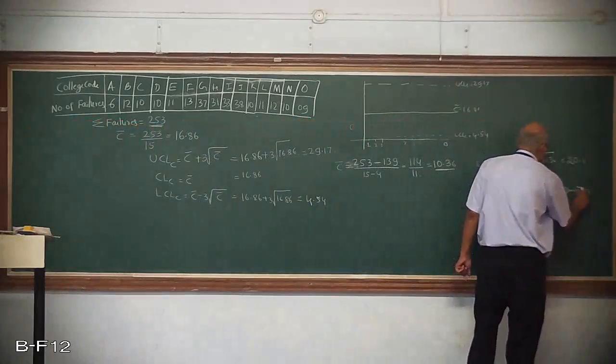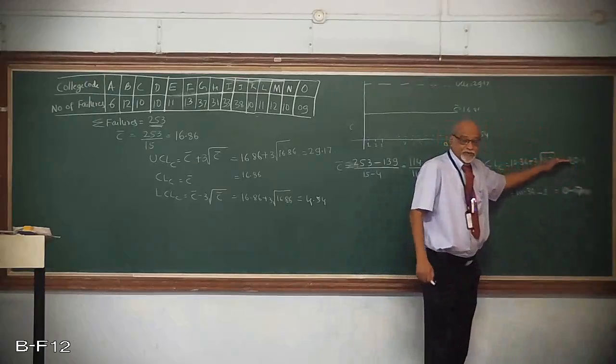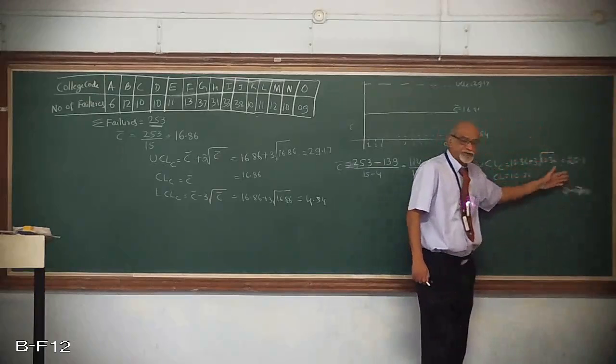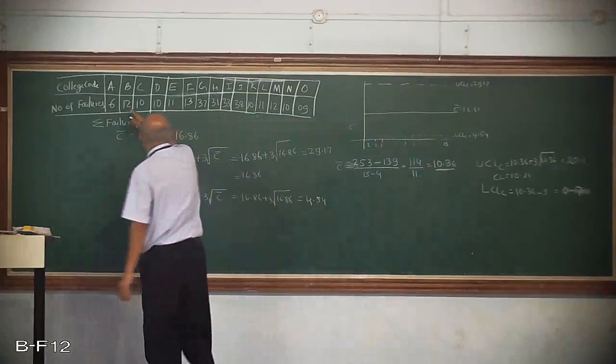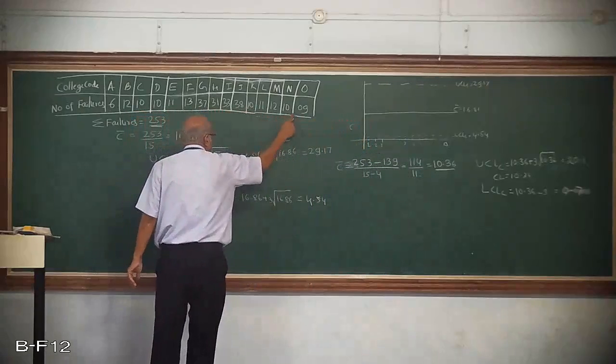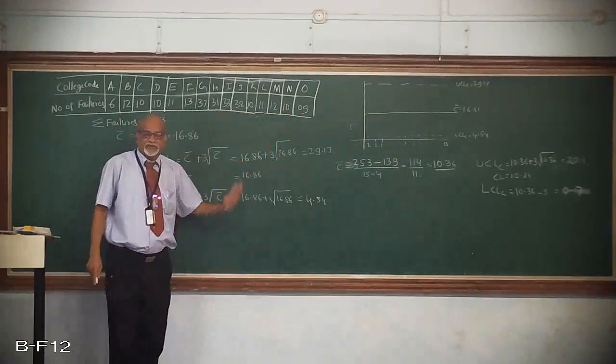0.7. So virtually, the maximum number of failures allowed will be 20 and the minimum is 0.7, or it is going to be 0. All these values are between those limits. Hence, in the future, all the things are under control.